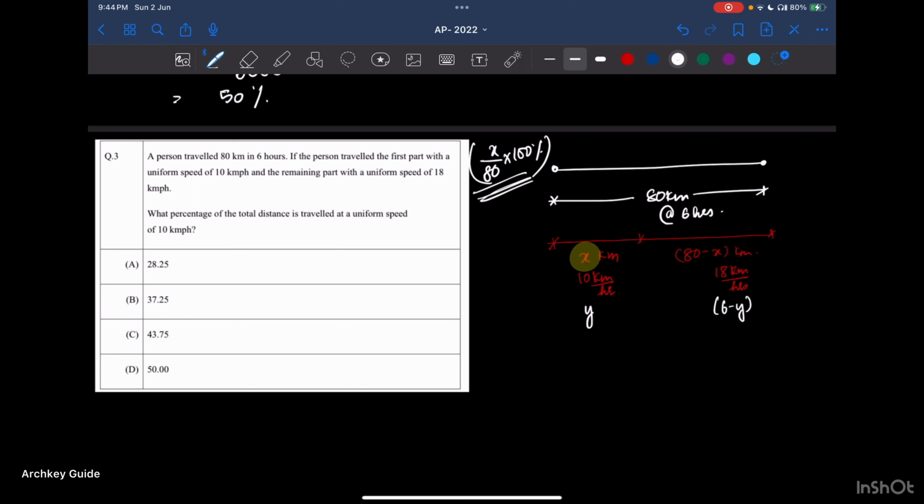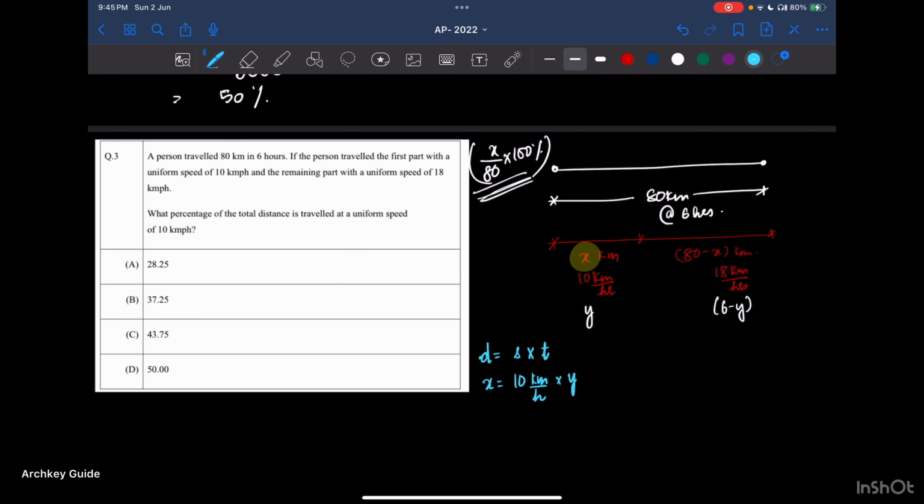What is being demanded? So let's first see, if I say distance is equal to speed into time, let's find this equation. In this case, x equals 10 kilometers per hour into time y.